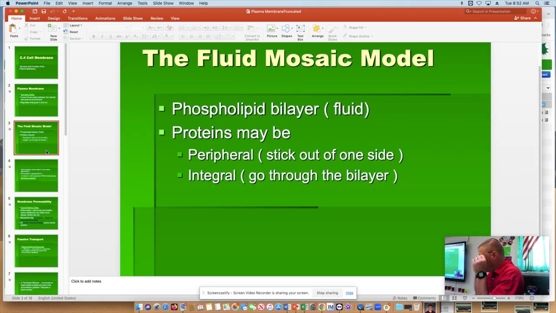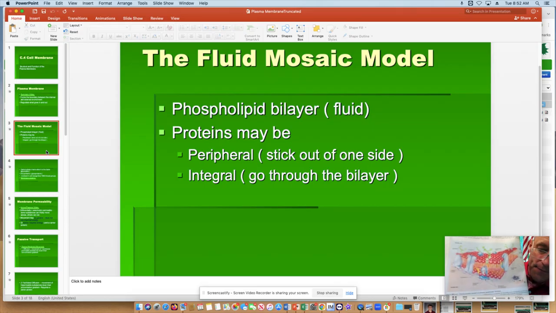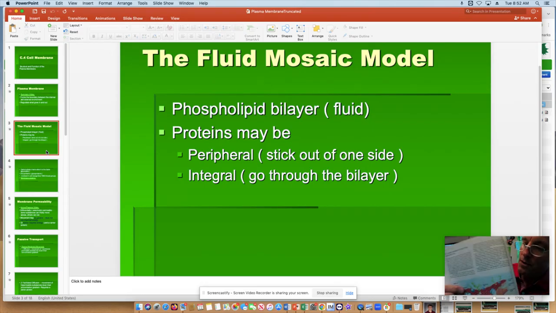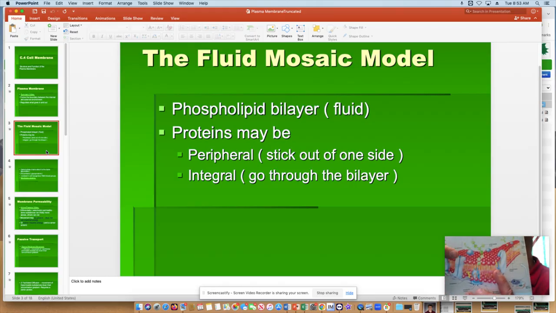Now, if you look at that picture again on the screen here, this protein, it says, is integral.